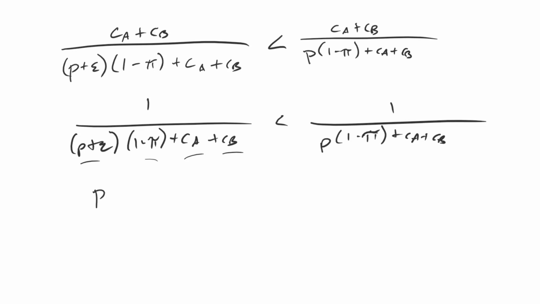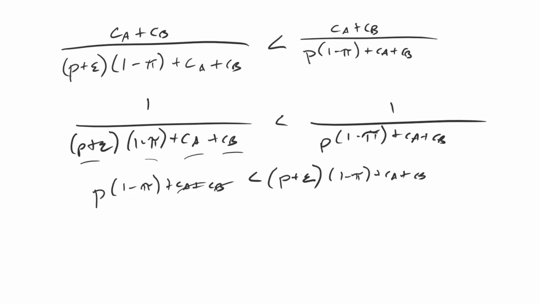So we have P(1 − π) + CA + CB less than (P + ε)(1 − π) + CA + CB. We notice that we have CA and CB on both sides, so we can get rid of those.